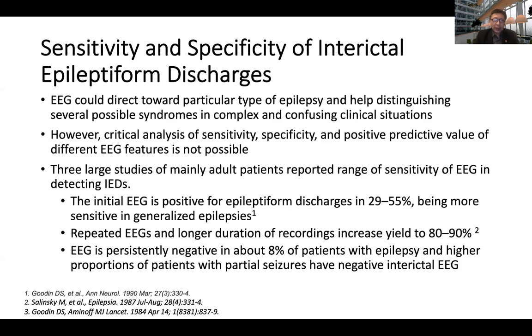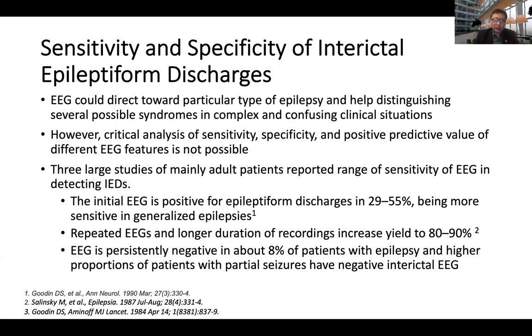There are 3 studies of mainly adult patients reporting the range of sensitivity of EEG in detecting IED. The initial EEG is positive for epileptiform discharge in 29 to 55%, being more sensitive in generalized epilepsy. Repeat EEG and longer recording duration might be more useful, increasing the yield up to 80 to 90%.